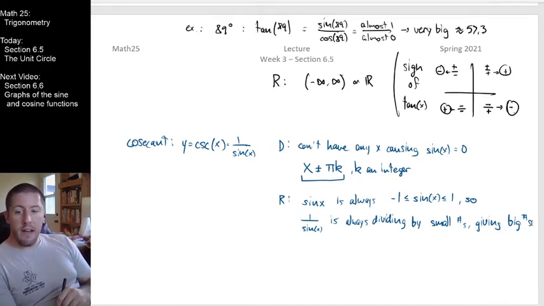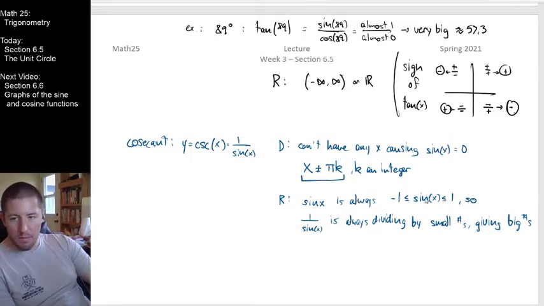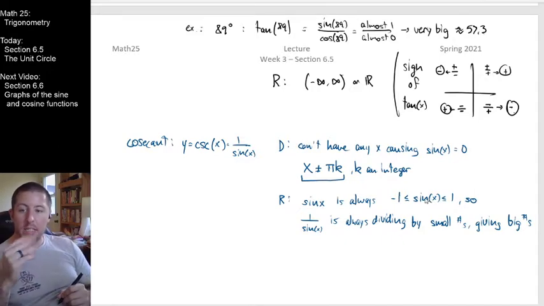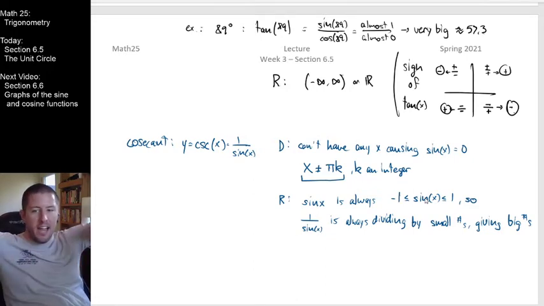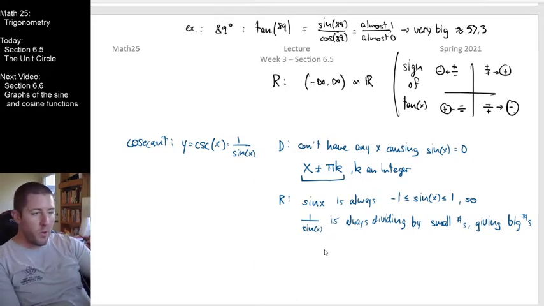So this is saying things like if I divide 1 by 1/10, I get 10. Right? Now you should notice that the only way I could get something like 1/2 out of this fraction is if I did 1 over 2. But sine of x is never, ever, ever going to give us 2. Sine of x is always between -1 and 1. So it seems like what we can't get out is numbers between -1 and 1. And what we're always going to get out is numbers outside of -1 and 1 right here. This is a weirder one right here.